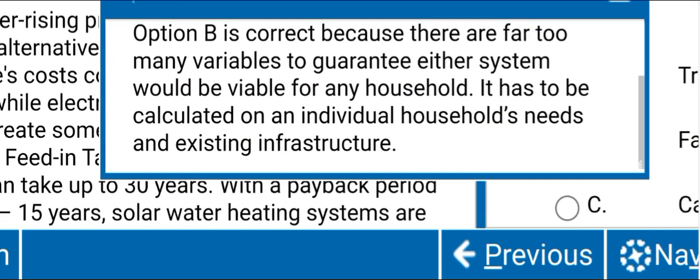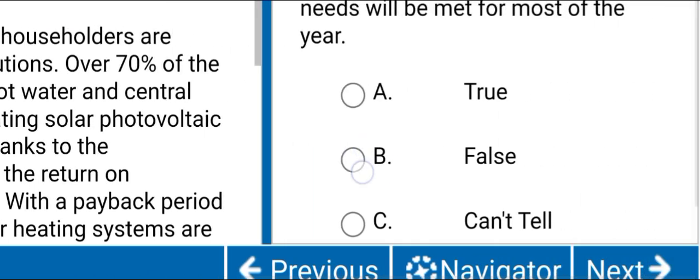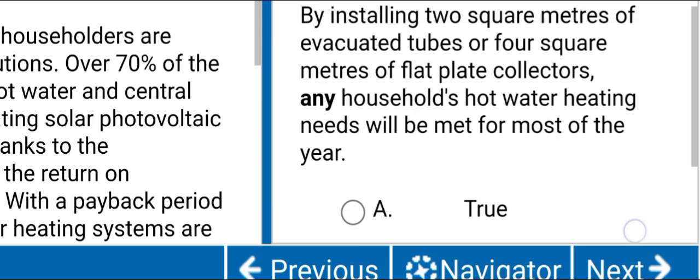Option B is correct because there are far too many variables to guarantee if the system would be viable for any household. It has to be calculated on an individual household's needs and existing infrastructure. So that's why we have option B, which is false, is the correct option.